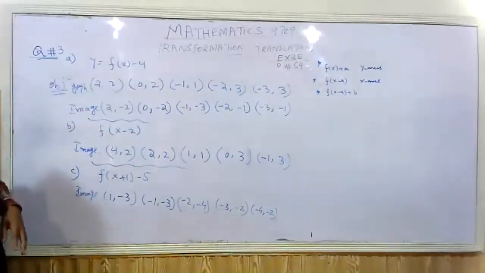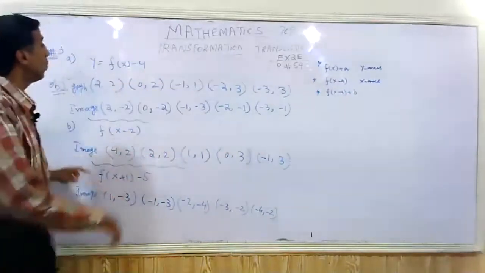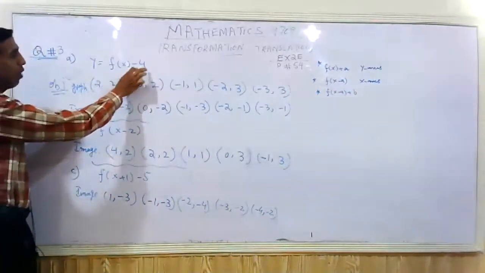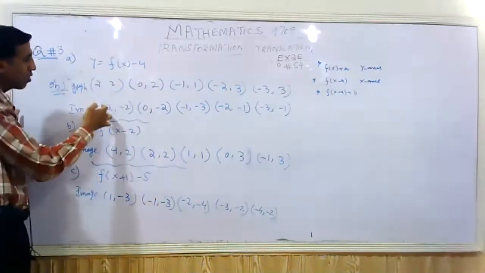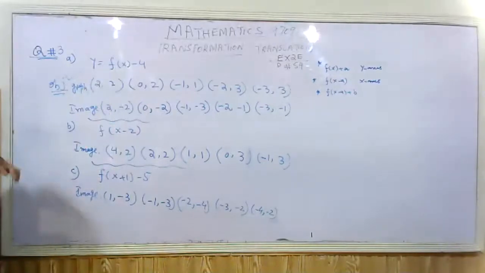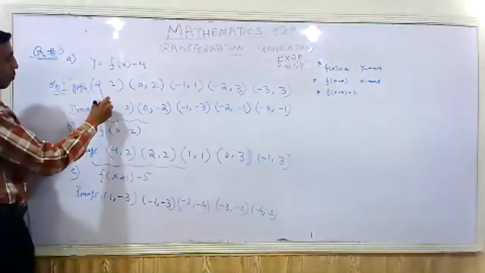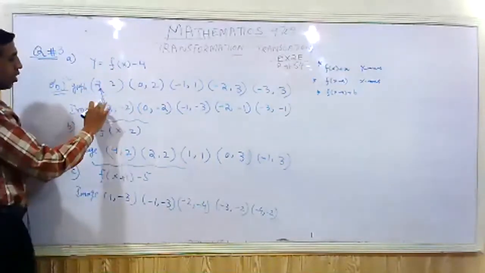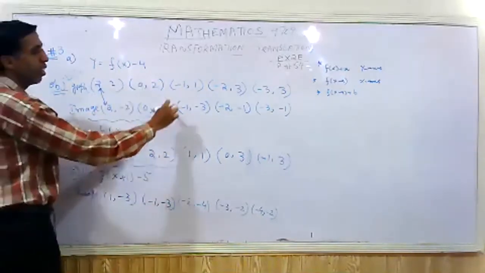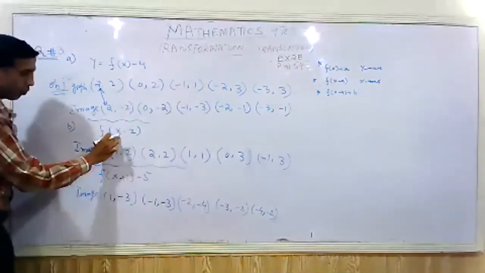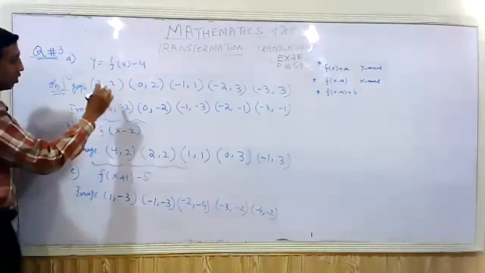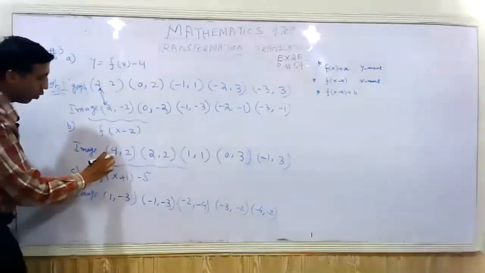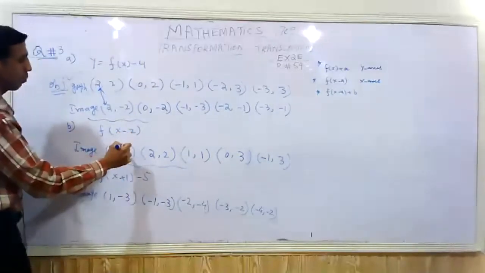The first equation is the first law. Minus 4 means you have to move 4 units downwards. X will remain the same. We have changed Y. If the second law is used, it means the X value will be changed, Y remains the same.